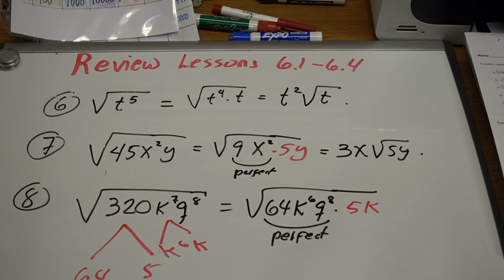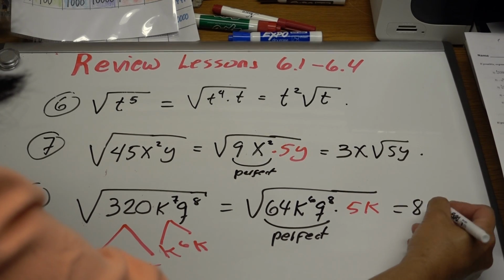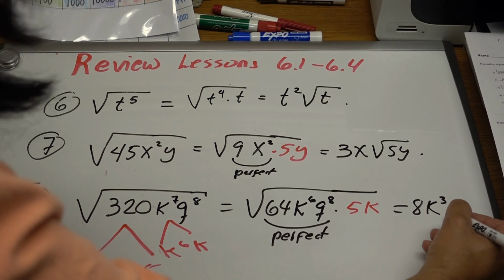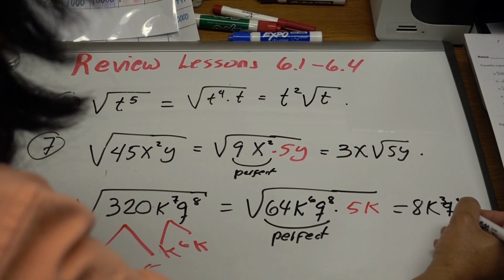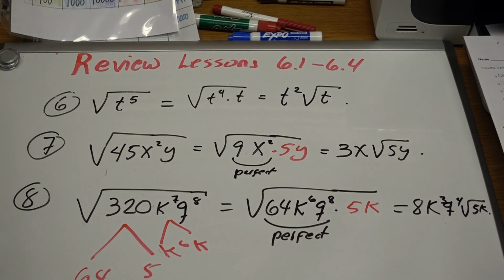So get the square root of that part, which is 8. 6 divided by 2 is 3, 8 divided by 2 is 4. So 8 k cubed q to the 4th and the square root of 5k. That's the answer.